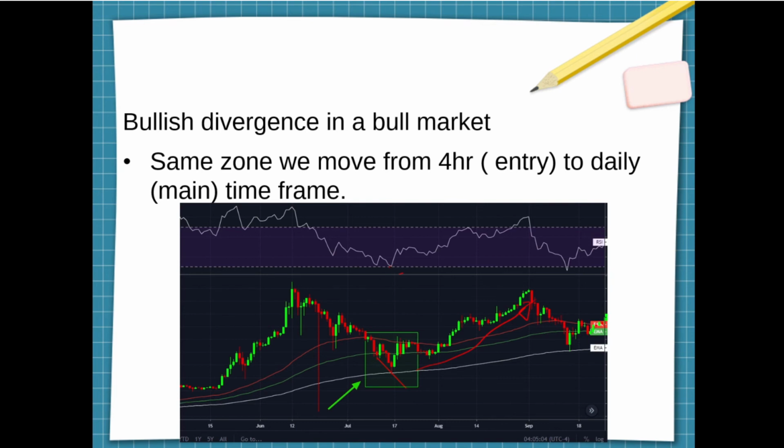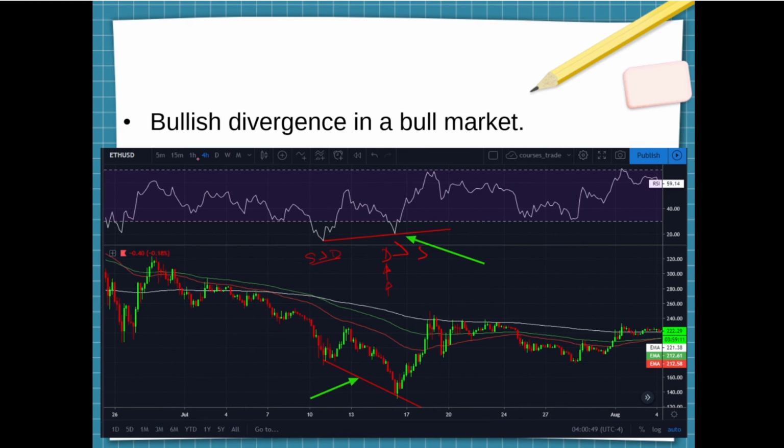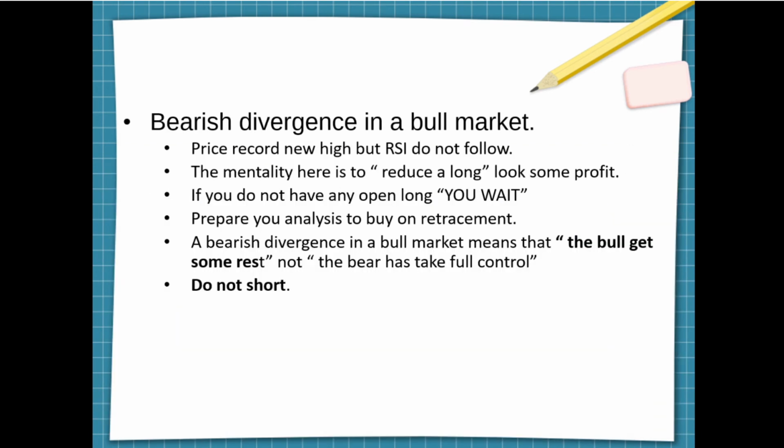But when we go all the way down to the 4-hour time frame, this is the zone where we look for the entry. There are many ways to enter here. For example, this could be a downtrend line, okay, and then you use your Fibonacci tool and you enter this thing right there. So easy. It comes with a lot of practice, I know, but that is very easy to take.